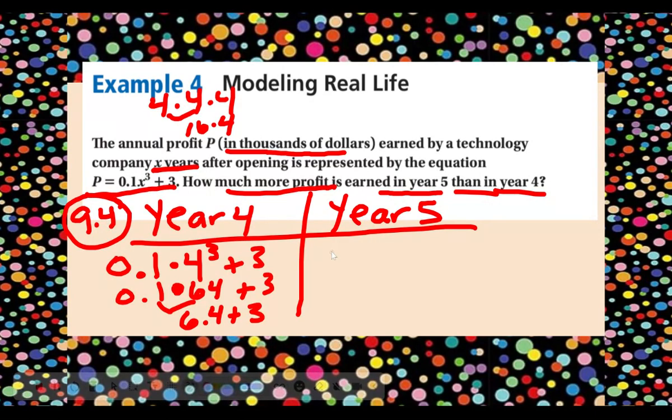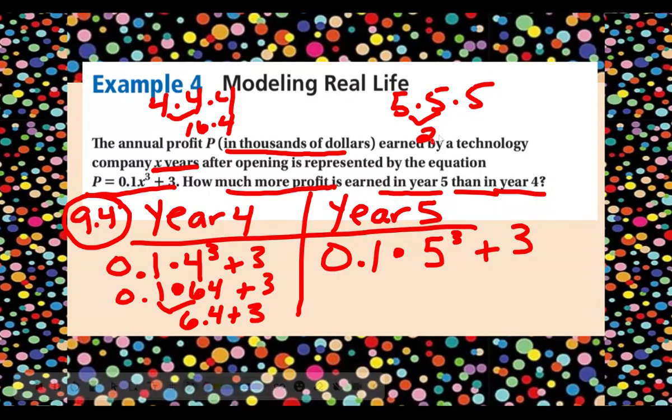Year 5, we're going to do the same thing, but we're going to use a 5. So 0.1 times 5 to the third power plus 3. So on your paper somewhere, we're going to put 5 times 5 times 5. 5 times 5 is 25. 25 times 5 is 125.